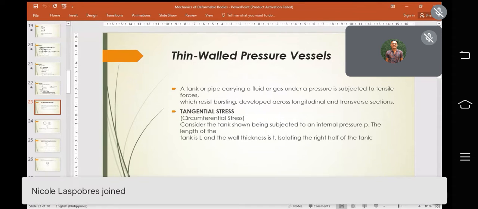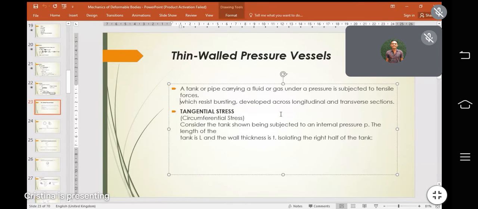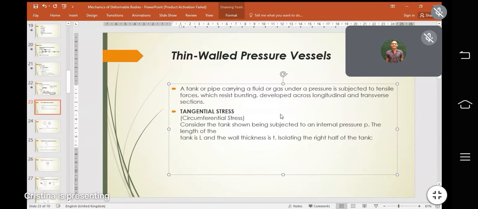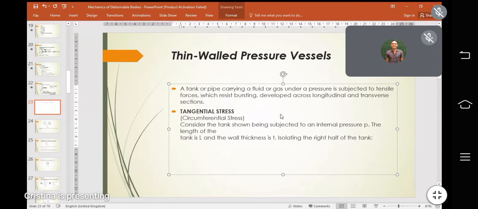You can say that a pressure tank is thin-walled if it has a wall thickness less than about 1/10 of the radius of the container. Because some questions are very tricky, class, especially in your board exam.